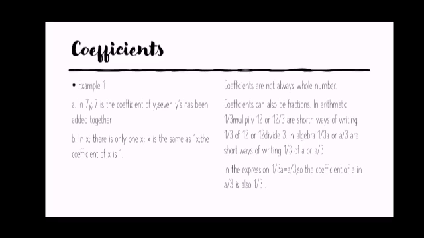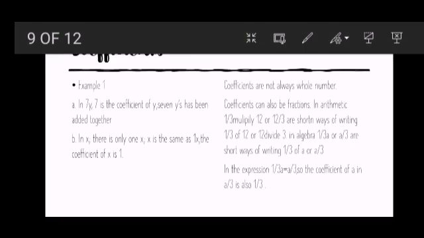Example 1. In 7y, 7 is the coefficient of y. That's it. So 7 y's have been added together. Let me show you that.